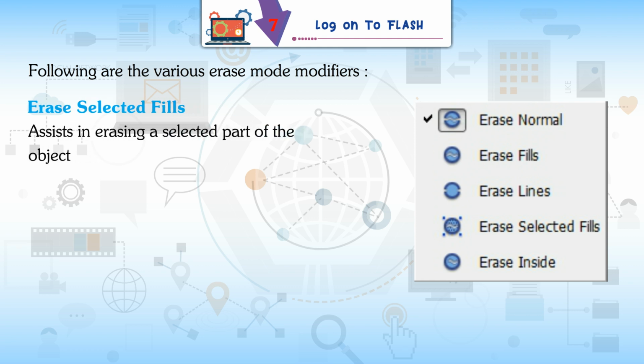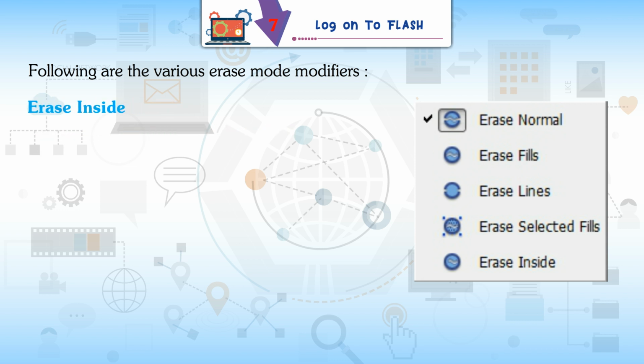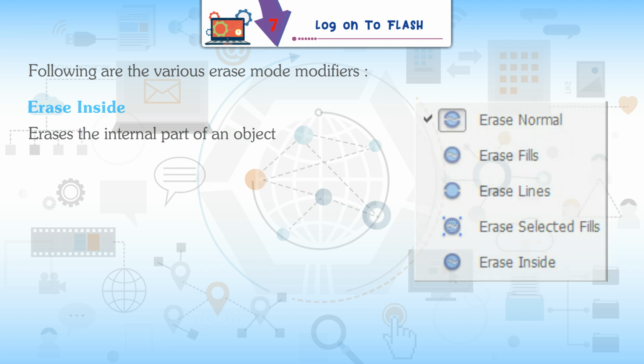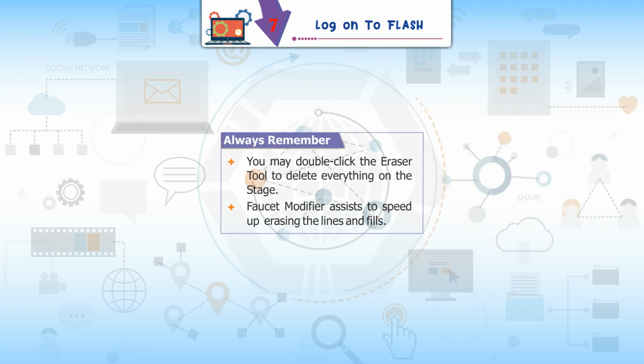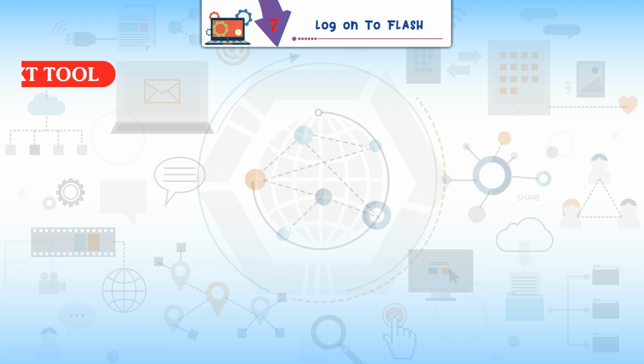Erase Selected Fills: assists in erasing a selected part of the object. Erase Inside: erases the internal part of an object. Always remember, you may double-click the eraser tool to delete everything on the stage. Faucet modifier assists to speed up erasing the lines and fills.